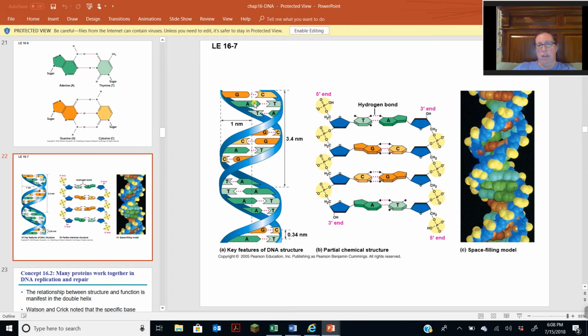This is what it looks like. You've seen these before. You've got the double helix here. You've got the anti-parallel strands, so 5 prime, 3 prime, 5 prime, 3 prime. So you read this strand TGCA, and this one you would read TGCA, because again, they're anti-parallel.